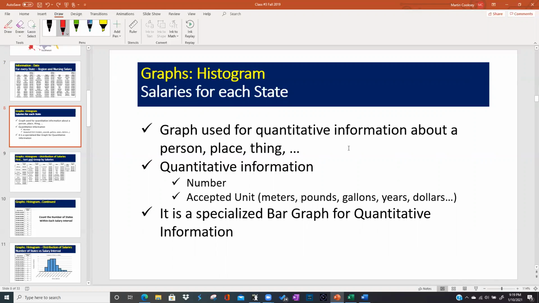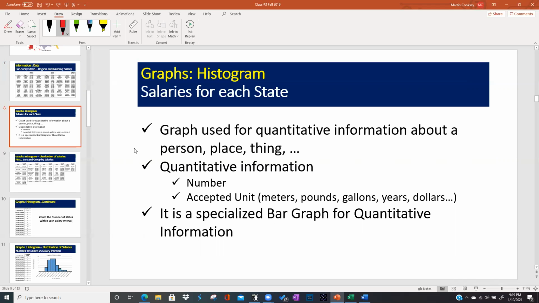In this graph, the person, place, or thing is each of the 50 states in the United States. And we have quantitative information, which is a number and an accepted unit. For this one, it's going to be dollars. In this particular case, it's a specialized bar graph for quantitative information.